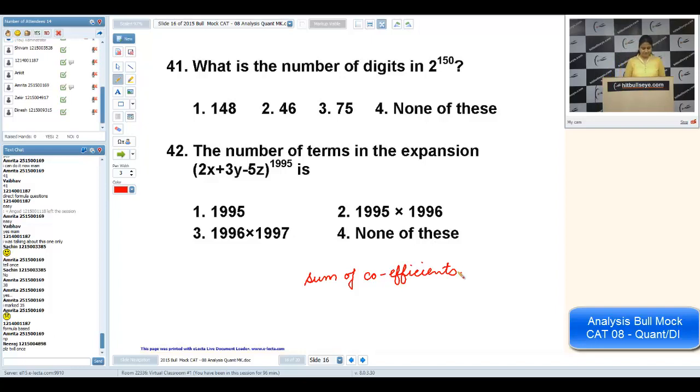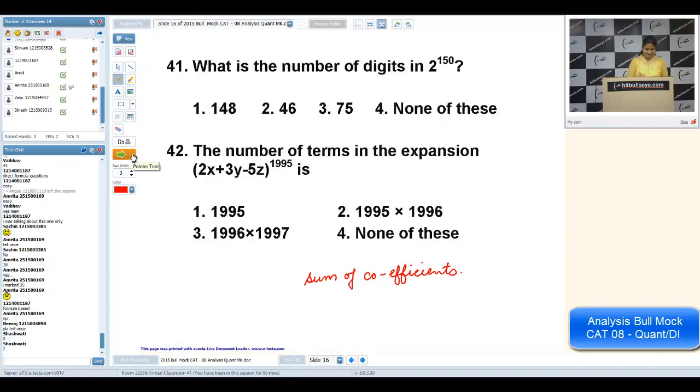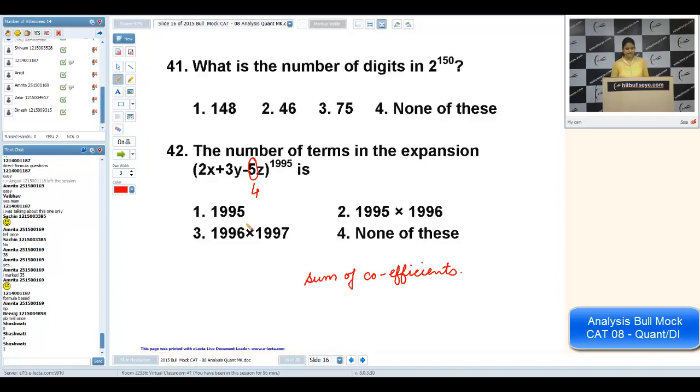Yes, Shashwati, of course. Very good. Bravo. This is the answer. 0. Very nice. Shashwati, a little alteration. Let me replace this 5 by 4. Now what should be the answer for the sum of all the coefficients? Yes, of course, you got the logic actually. Very nice. Very good.